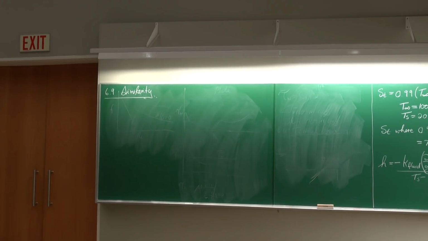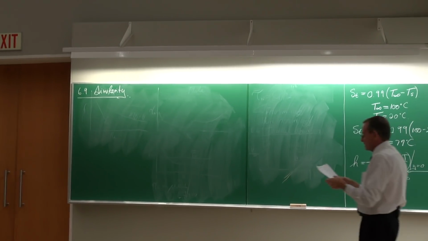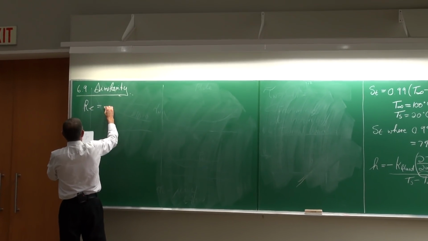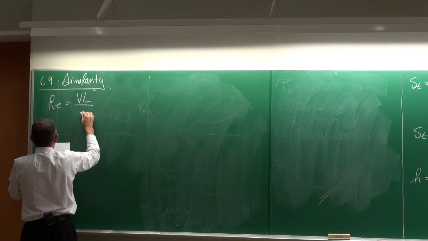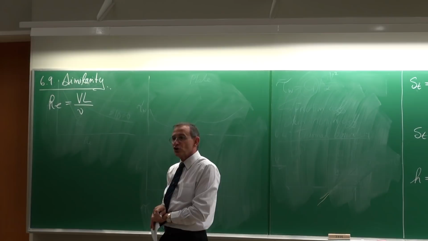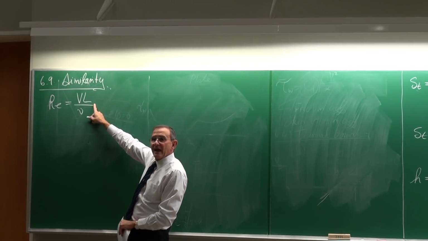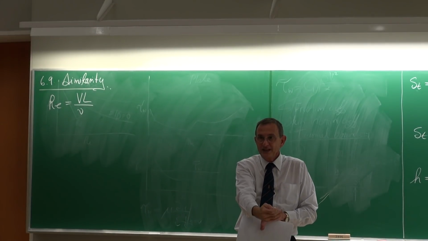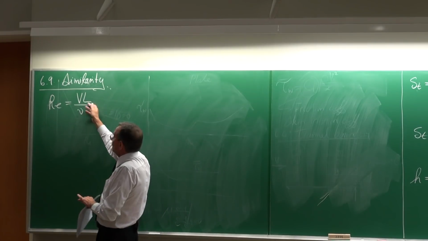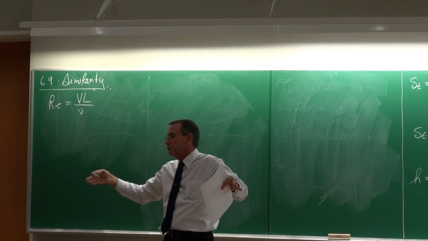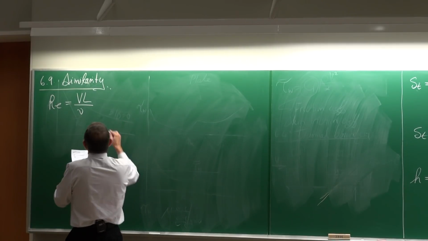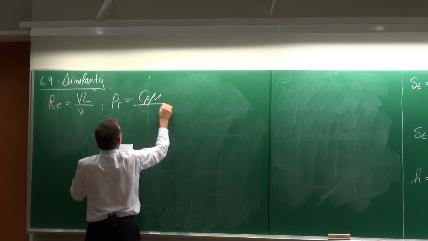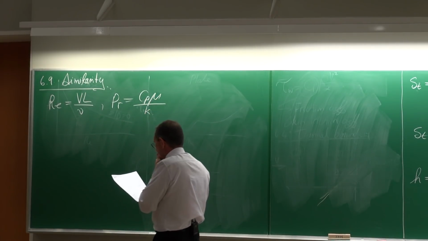And then they write it in terms of Reynolds numbers and Prandtl numbers, where the Reynolds number is equal to the velocity multiplied by L divided by kinematic viscosity. So don't get confused with the L and the X. The X just shows a specific point. The L will typically show the total length of an object. And the Prandtl number is equal to Cp multiplied by the viscosity divided by the thermal conductivity.